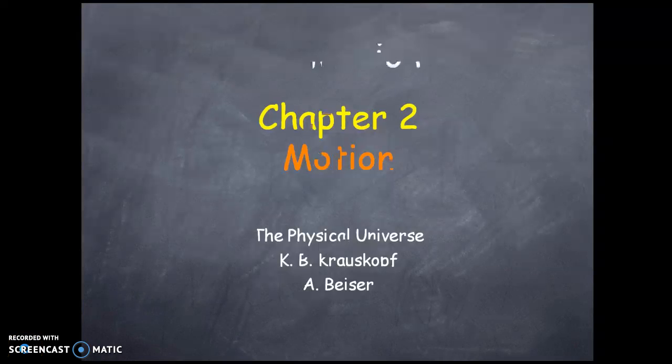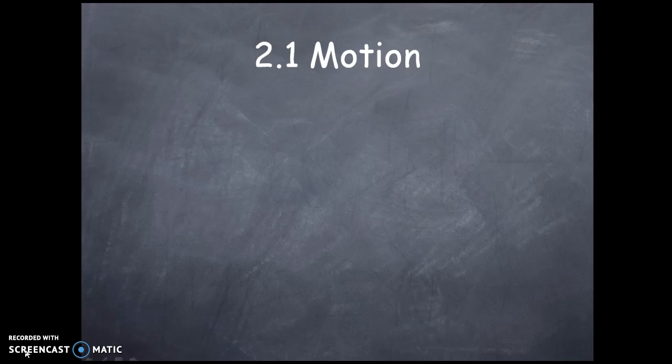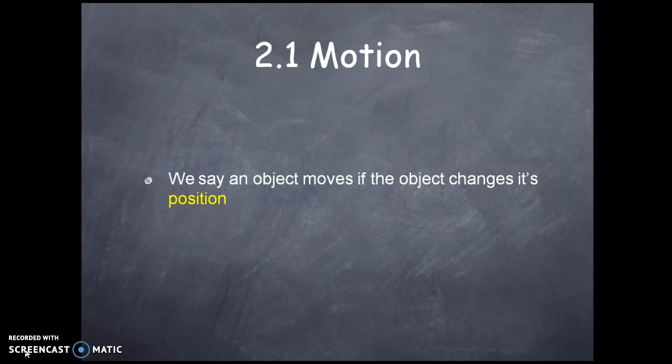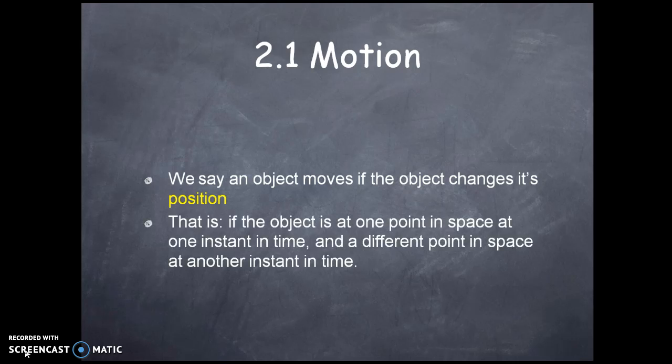Motion. We say an object moves if an object is changing its position. Let's say at time 2 seconds, a person is at one position, and after time elapses, maybe after another second, if you see, then the person changes his position, then we say that the person has moved from one place to another place.